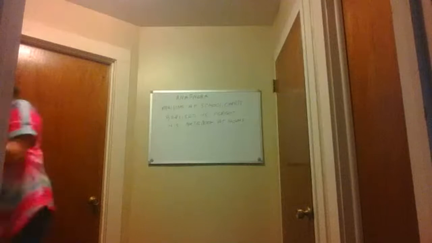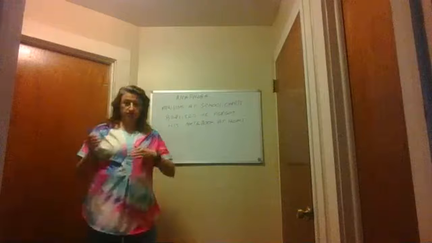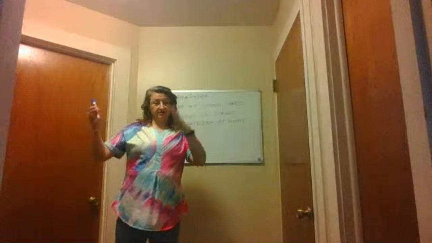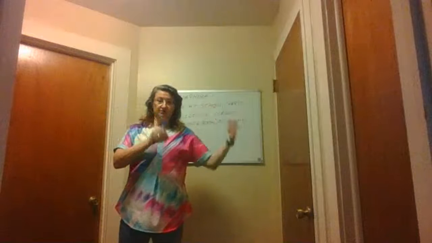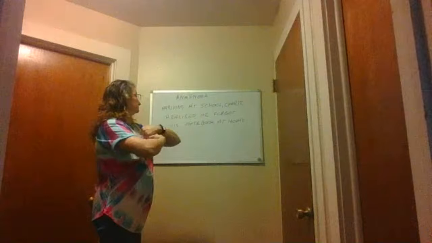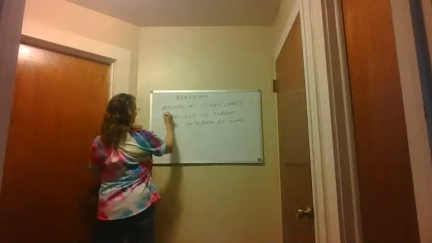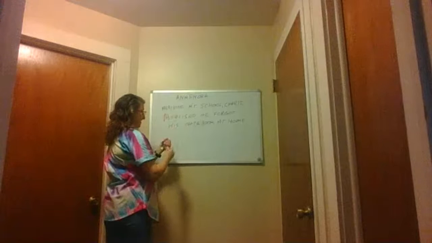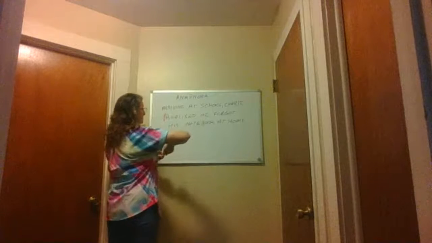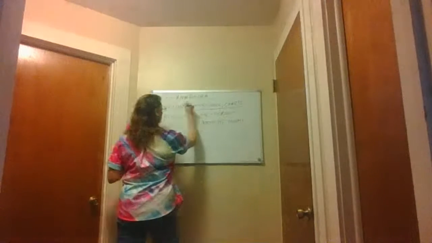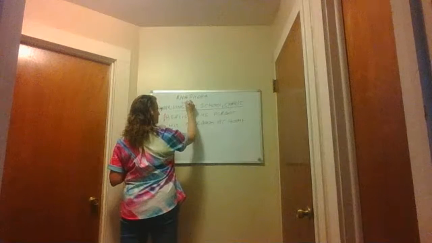Now there's a couple things. First of all, you have to know some parts of the sentence structure. There is a subject part, and then there is a predicate part. The division is right here in front of the verb. Okay, so that means that everything before the verb is called your subject part.